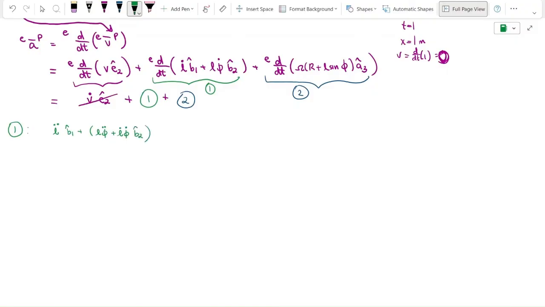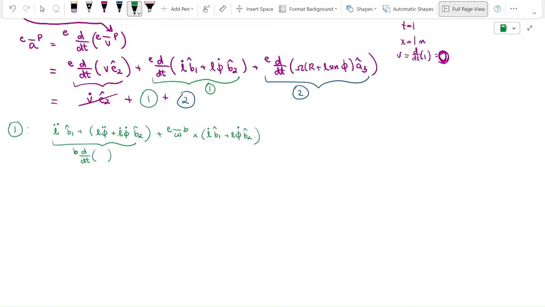Oh yeah, okay. So this is the time derivative of the original vector with respect to the B frame, plus the angular velocity of the B frame with respect to the E frame, crossed with the original vector, L dot B1 hat plus L phi dot B2 hat.